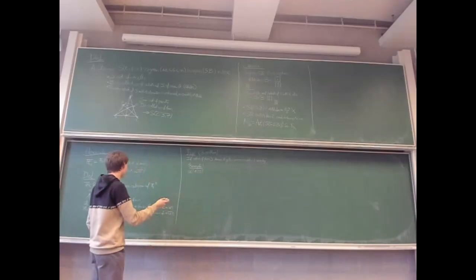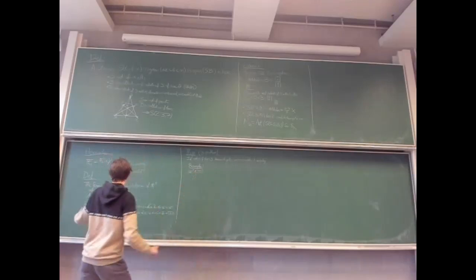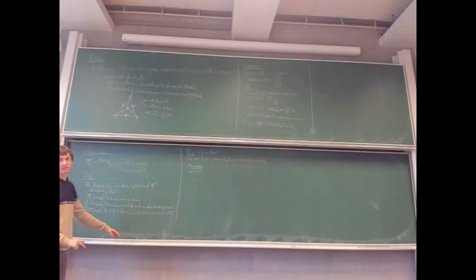So first, we know that this is an element of our hexacode. So all of these properties have to be satisfied. And in particular, the one rule is most of the time the most restrictive one.